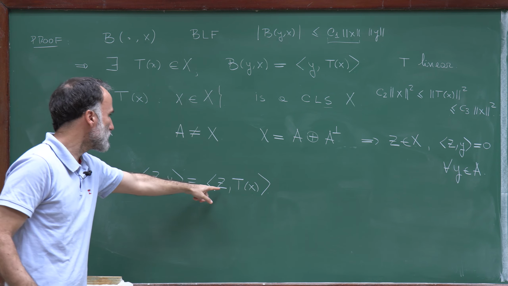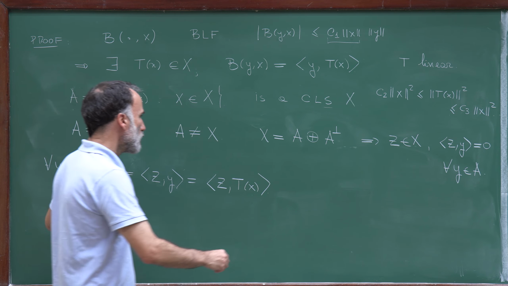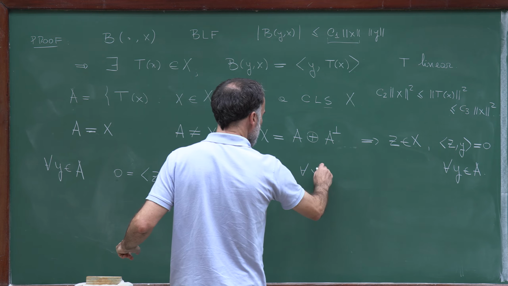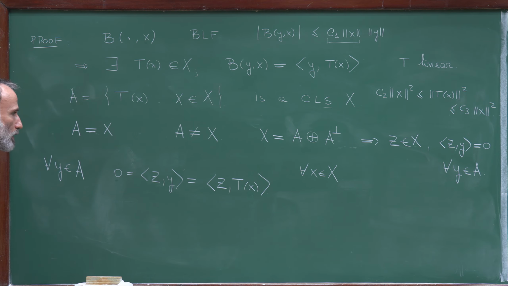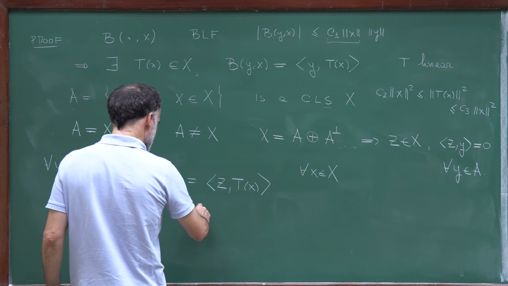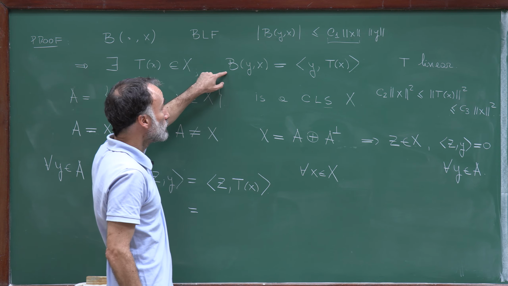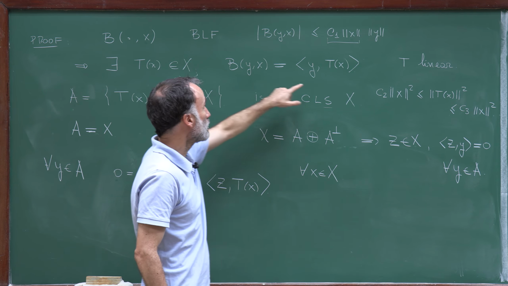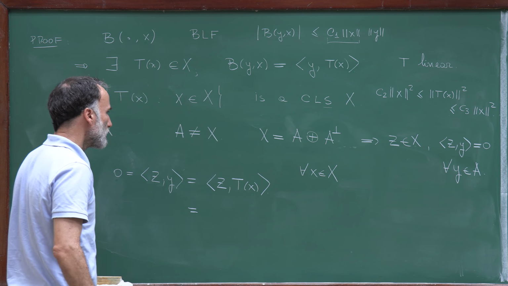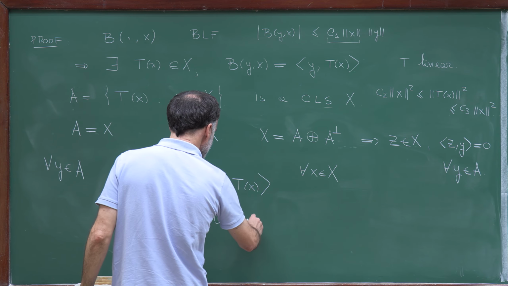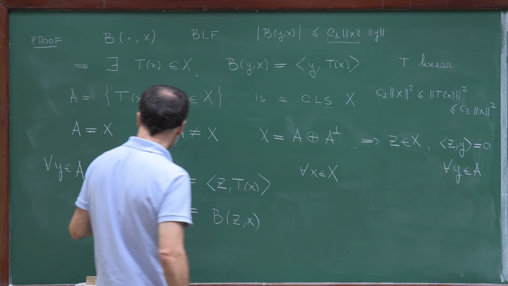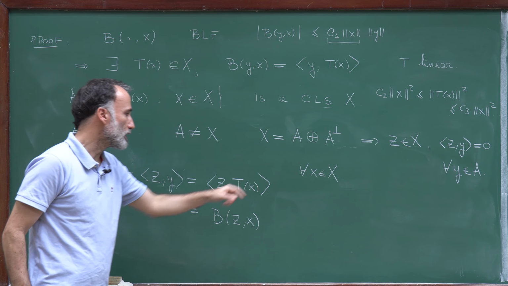So we have that Z Tx is equal to 0 for all x in X, because these are the elements of A. But now, by the representation of B in terms of the scalar product, this means that B of Zx is equal to 0 for all x in X.